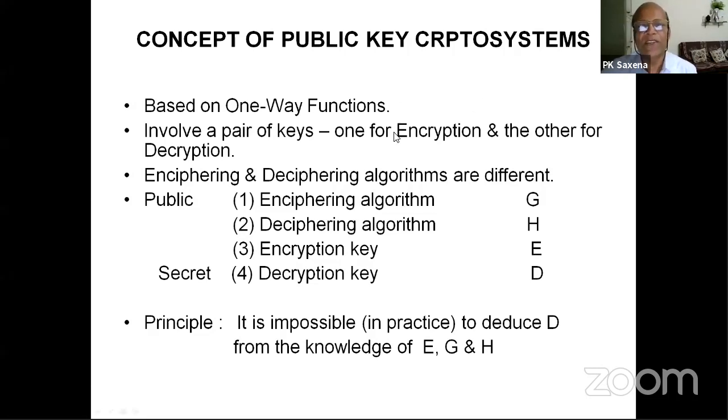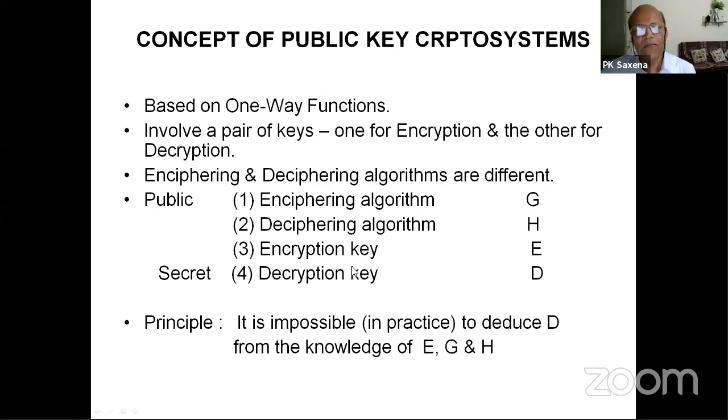One of these keys is used for encryption, whereas the other key is used for decryption. But G and H will be related by some mathematical computation in such a fashion that one is not derivable from the other unless you have some other information.